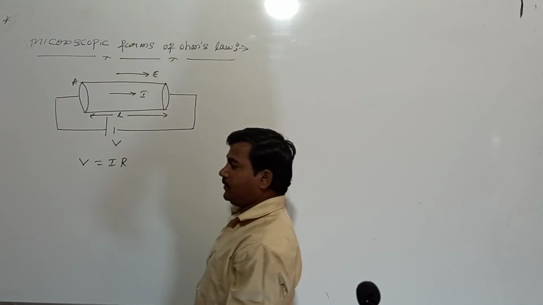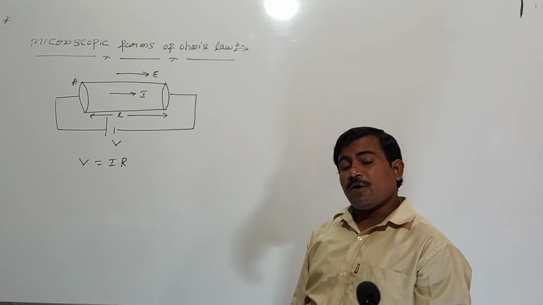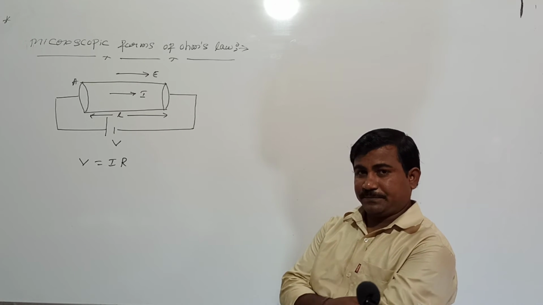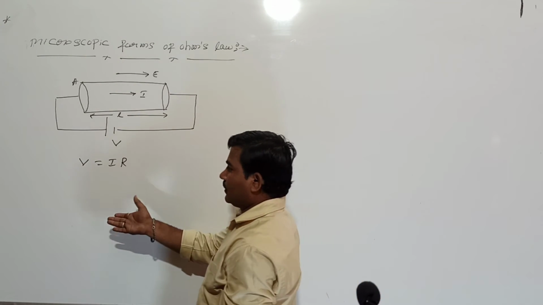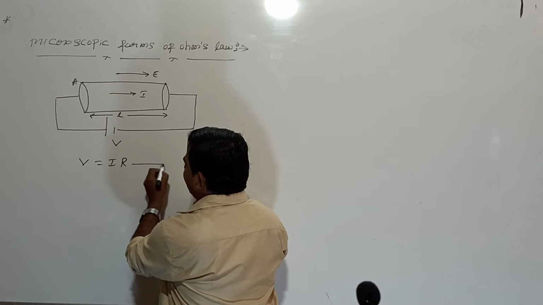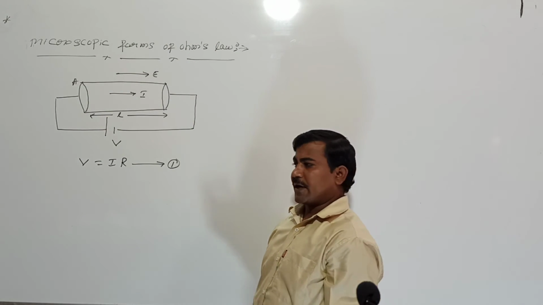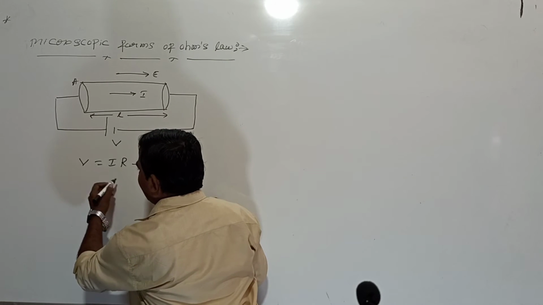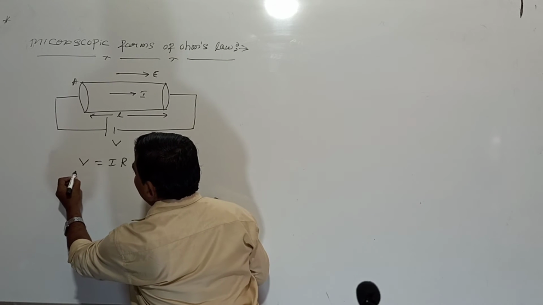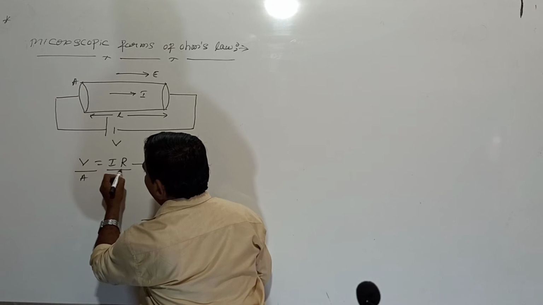Then divide this equation by area on both sides. Call this equation number 1. Dividing both sides by area, what will you get?